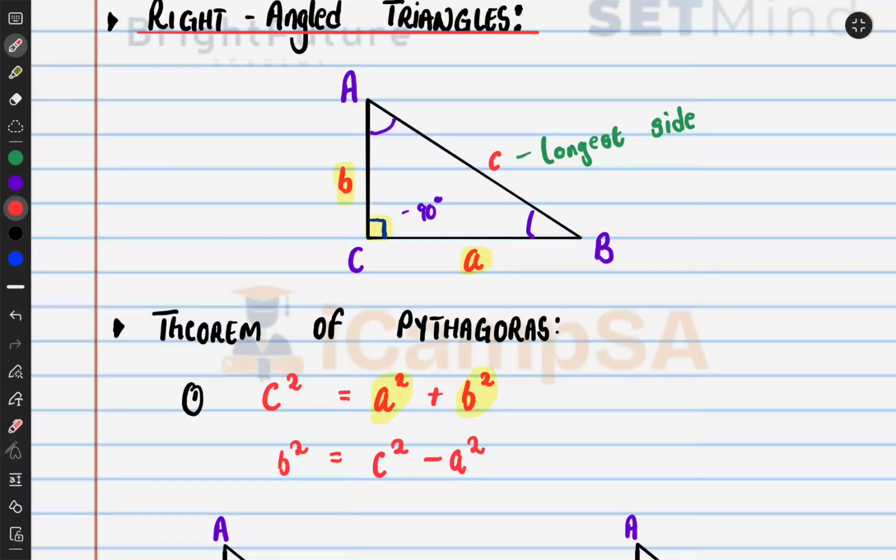That's another form. Let's say we are asked to determine the side B.